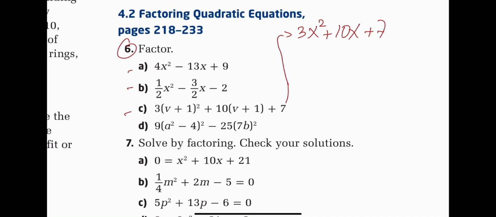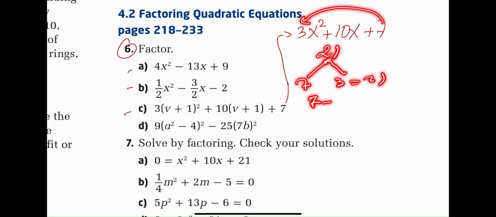Now I need to apply the same thing I just did before. 7 times 3 is 21. I need two numbers that, if you multiply them, you get 21, and if you add them, you get 10. Very easy, 7 and 3. 7 times 3 is 21, and 7 plus 3 is 10.